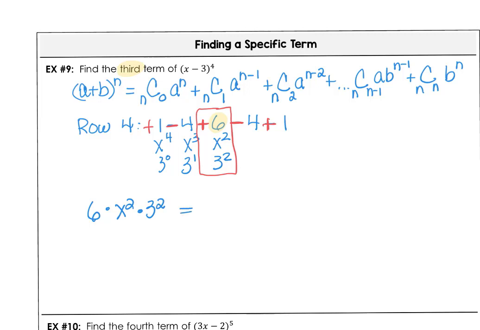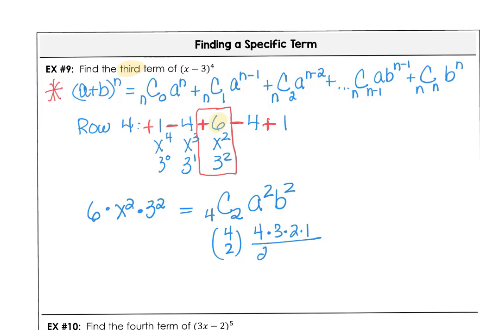But if you thought about it using this definition here for the binomial theorem, that would look like a combination of 4 things taken 2 at a time, and then a to the second, and then b to the second. So the combination of 4 things taken 2 at a time is 4 factorial divided by 2 factorial, and 4 minus 2 factorial is 2 factorial.